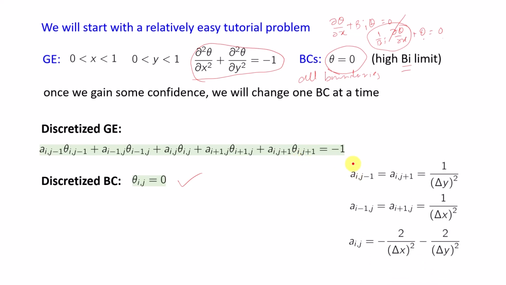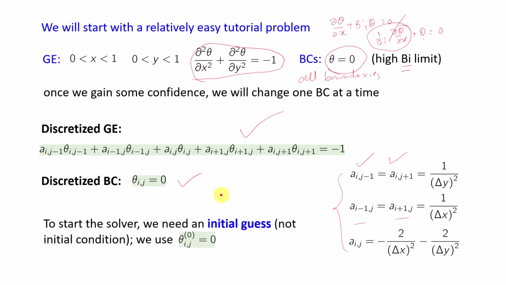Specifically, write the expressions: a i, j minus 1 and a i, j plus 1 are 1 by delta y square, a i minus 1, j and a i plus 1, j are 1 by delta x square, and a i j is minus 2 by delta x square minus 2 by delta y square. Please write these a i j's on a piece of paper before we proceed.